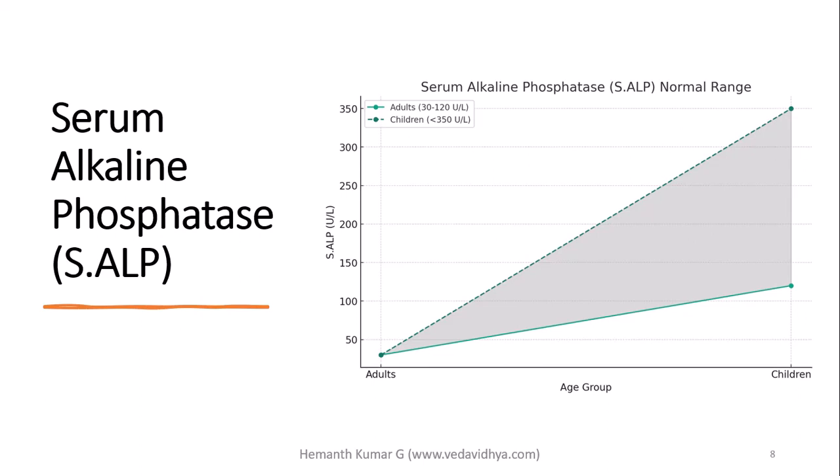In children, interpreting SALP levels requires careful consideration due to their higher normal range. A significant elevation beyond the expected range for their age can suggest liver issues, but it could also be related to rapid bone growth or other non-liver related factors.